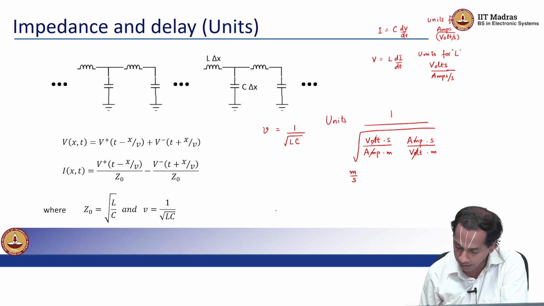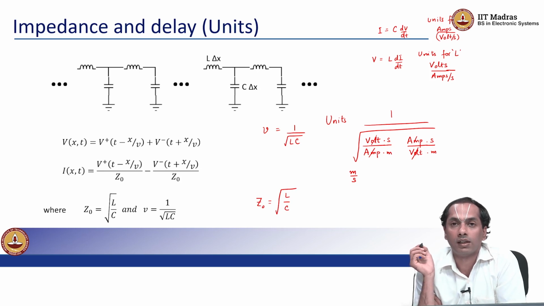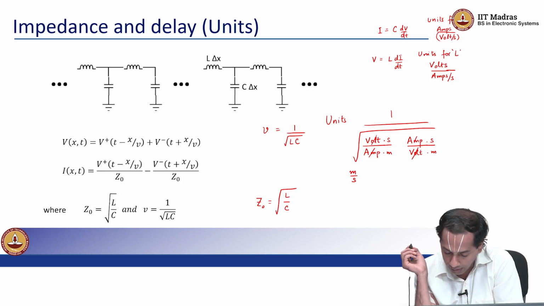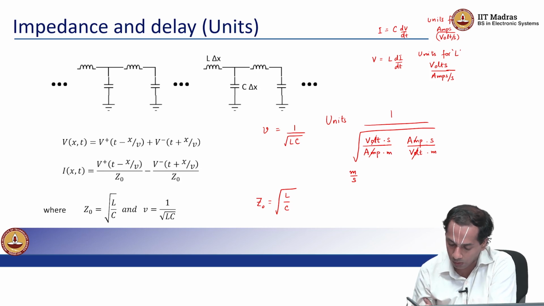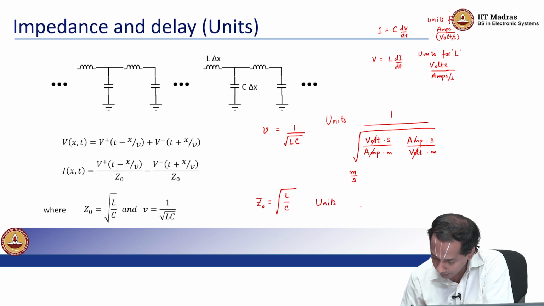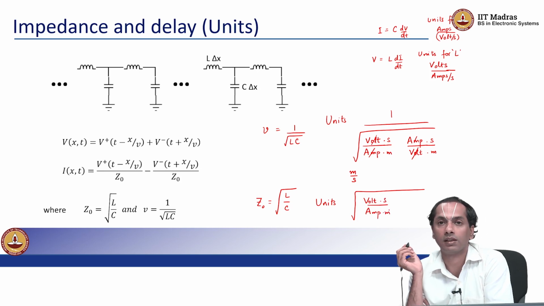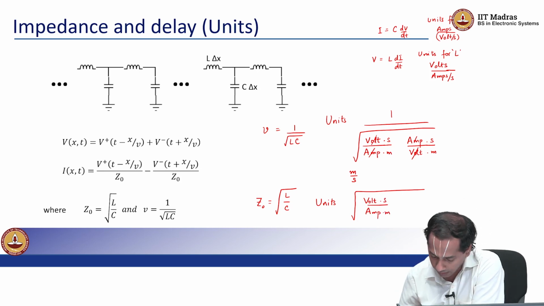Next, this special term Z naught, for now just a constant, seems to be related to L and C as square root of L by C. If I look at the units for this, doing the same exercise, I have volt second per amp meter, and then I'll have to flip for capacitance.